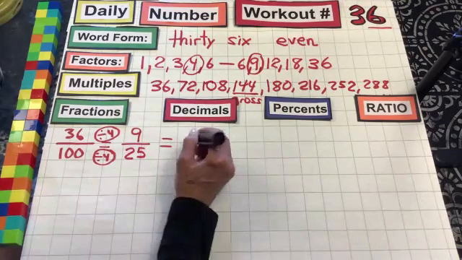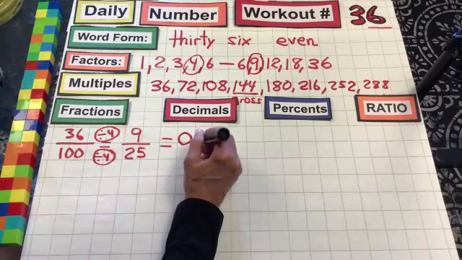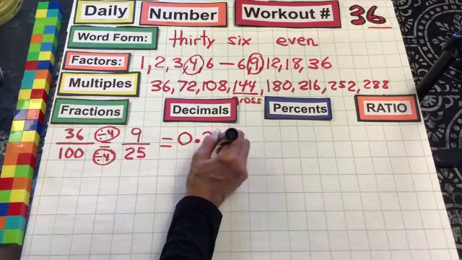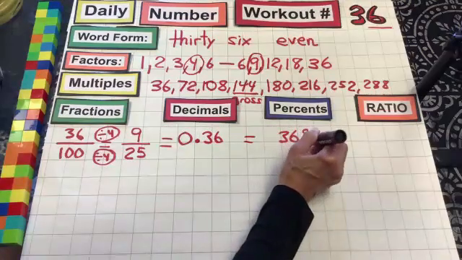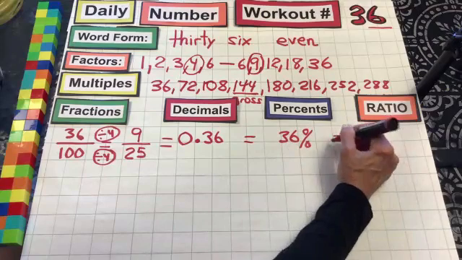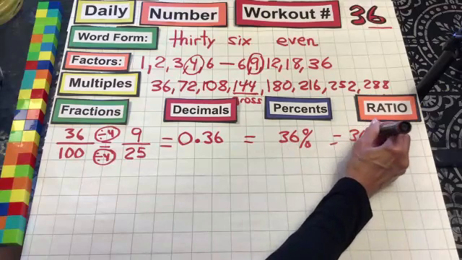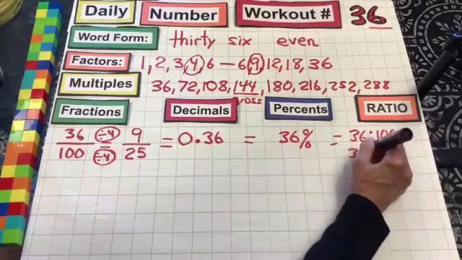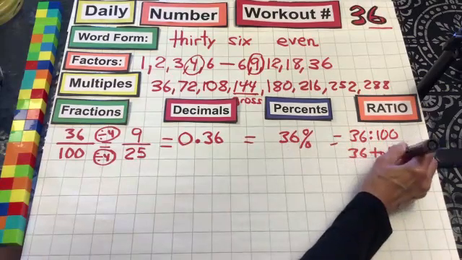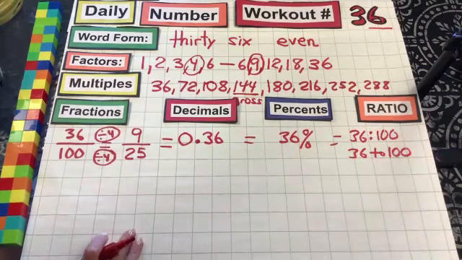We go back to the 36/100 to get our decimal, which is 0.36. That would be 36%. And that would be equal to the ratio 36 to 100. It can be written both ways.